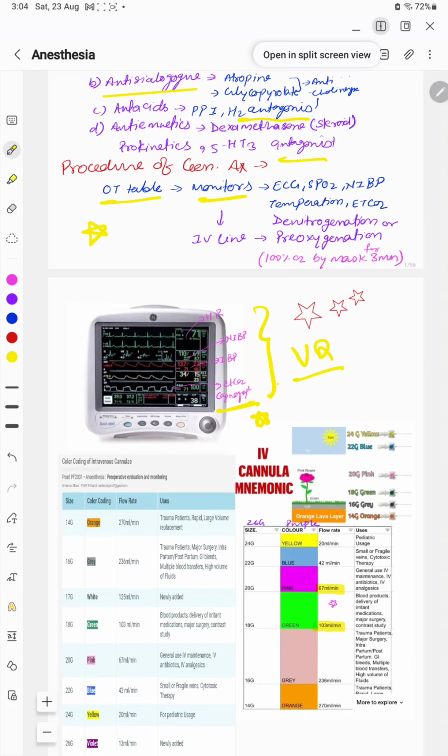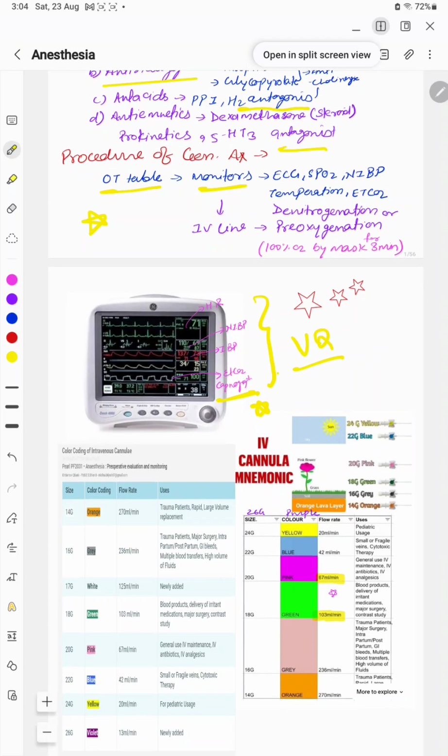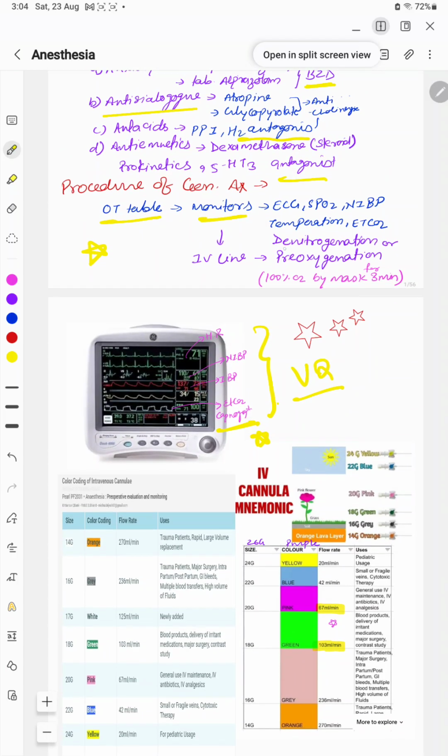And before we go further, I want to let you know about denitrogenation. Before we go to anesthesia, we will do denitrogenation or pre-oxygenation of the lungs.